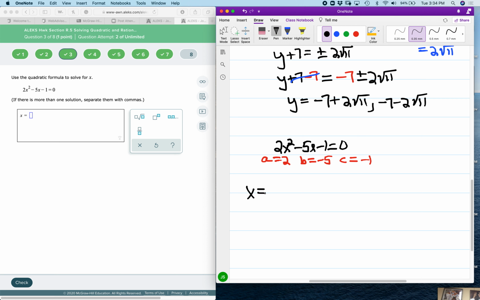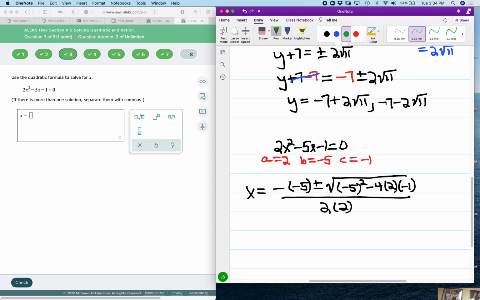Substituting, we have negative b, so the negative of -5, plus or minus the square root of the square of -5, minus 4 times 2 times -1, all over 2a, so 2 times 2.